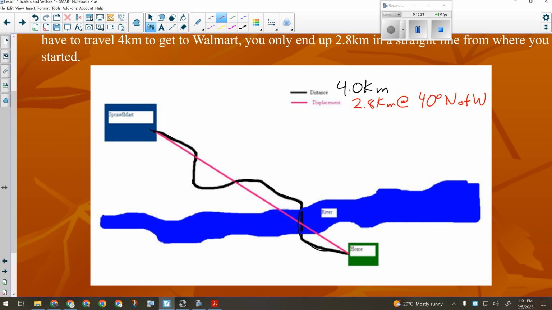If it takes me a half an hour to walk to Walmart, what's my speed? So I walked 4 kilometers in half an hour. What's my speed? 8 kilometers an hour. How do we do that?